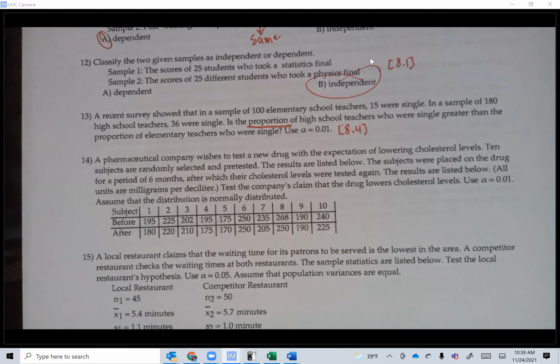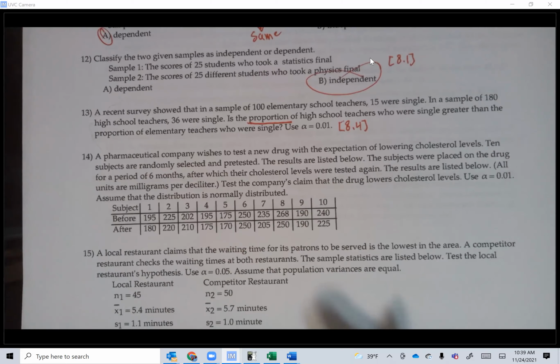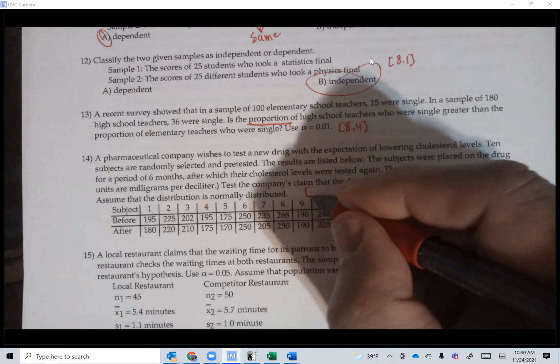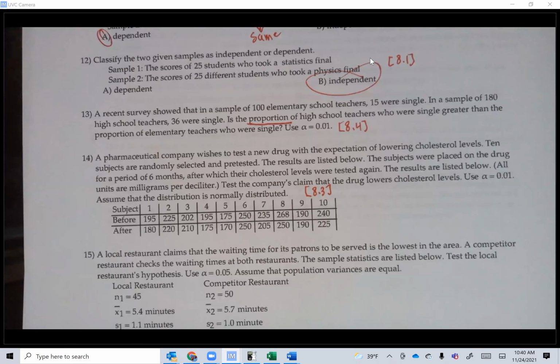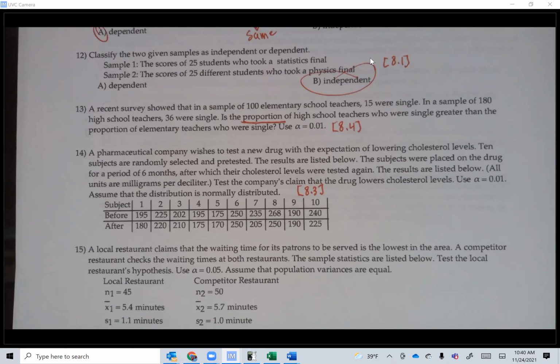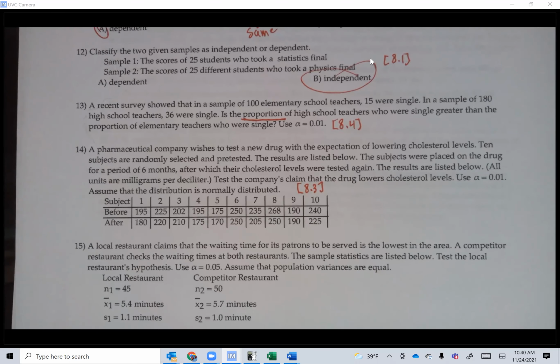Okay, next one, 14. That's section 8.3. Very important question. A pharmaceutical company wishes to test a new drug with the expectation of lowering cholesterol levels. So they're hoping that it lowers cholesterol levels. 10 subjects are randomly selected and pre-tested.